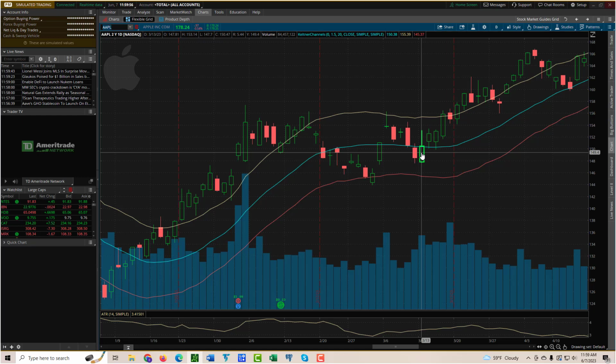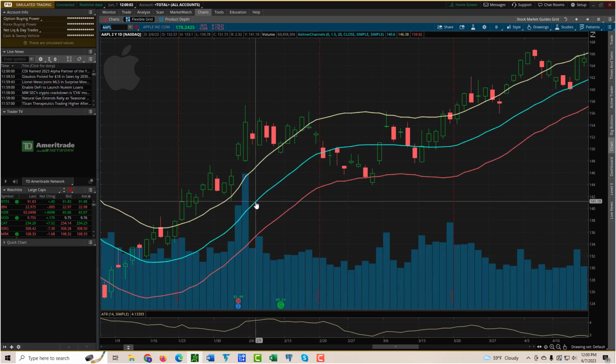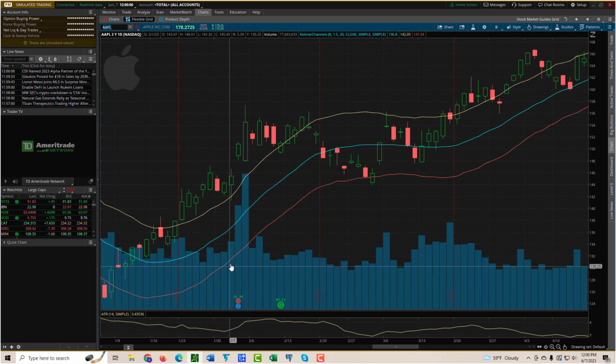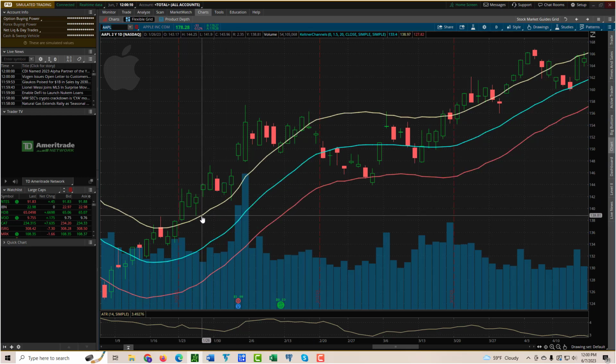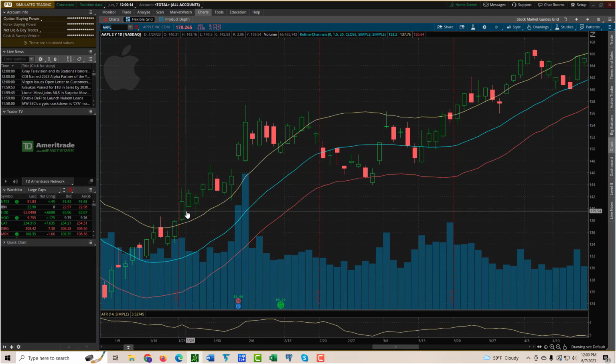So what are the benefits of using a Keltner channel? How do people use this information? For one, it's helpful for identifying when there's a trend. You can see here that all three lines are sloped upward, and this is a good, clear indication that this stock was in an uptrend during this period. Sometimes it's not always so easy to tell.